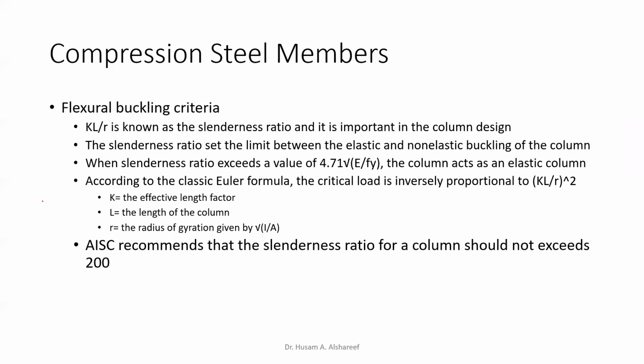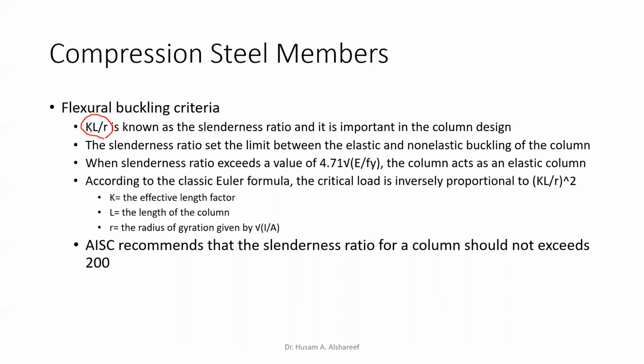Now, as far as the flexural buckling criteria, this is what we call the slenderness ratio. We need to be familiar with the slenderness ratio, because through it, we'll be able to identify if our column is elastic or inelastic.